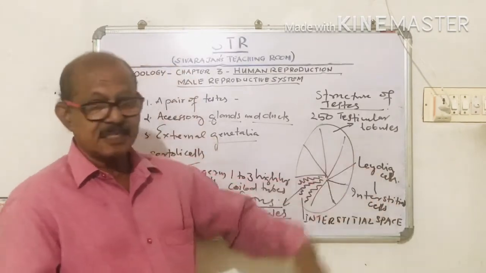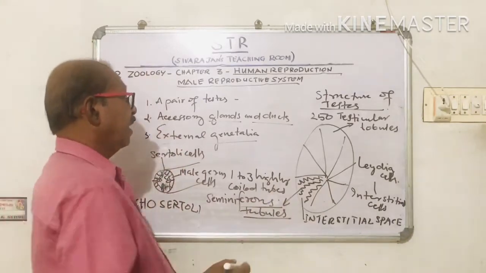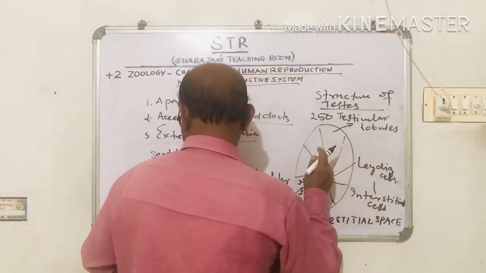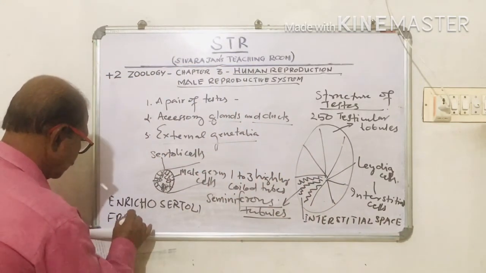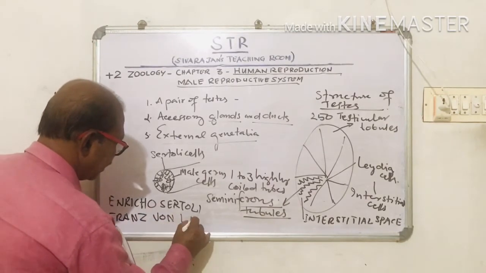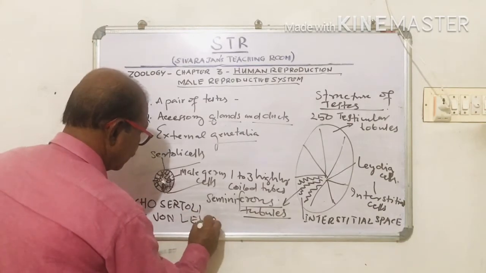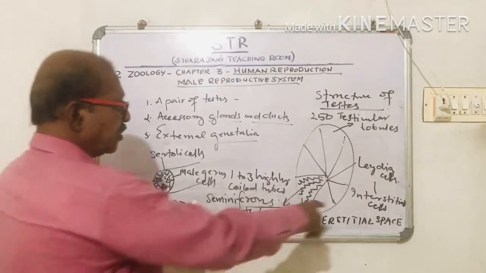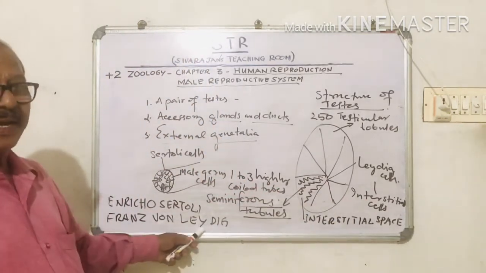They are called Leydig cells because they were identified by an anatomist called Franz von Leydig. So these cells, the interstitial cells, are identified by Franz von Leydig.